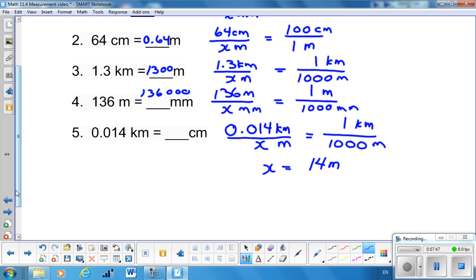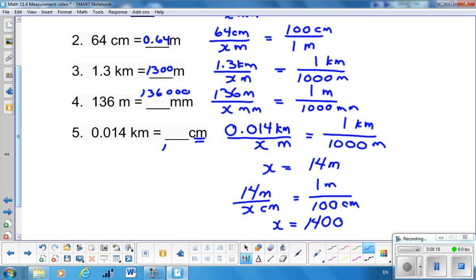So 0.014 kilometers is 14 meters, but my question asked me to change it to centimeters, so I'm going to convert it one more time. We're starting with 14 meters, and I want to change it to centimeters. The conversion factor is that 1 meter is 100 centimeters. So when I cross multiply, I need to multiply 14 times 100, and I end up with 1,400 centimeters.